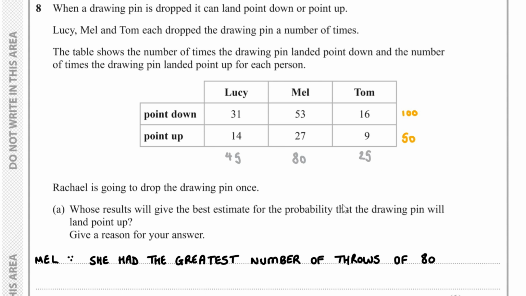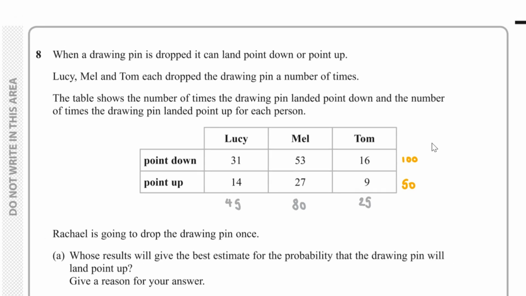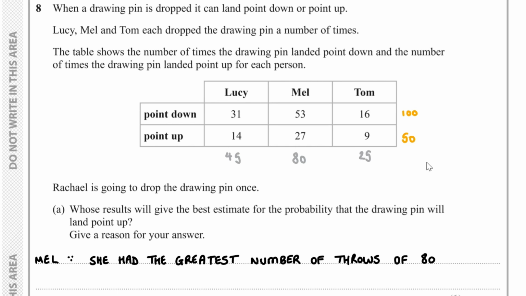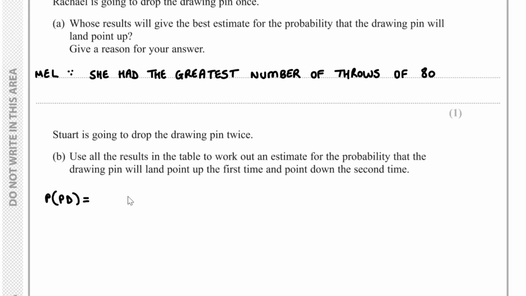So the probability of landing pin down is equal to 100 over the 150, which is the total. So the total here is 150. So we've got pin down, which is 100 over 150. And of course here, this is the same as 2/3.